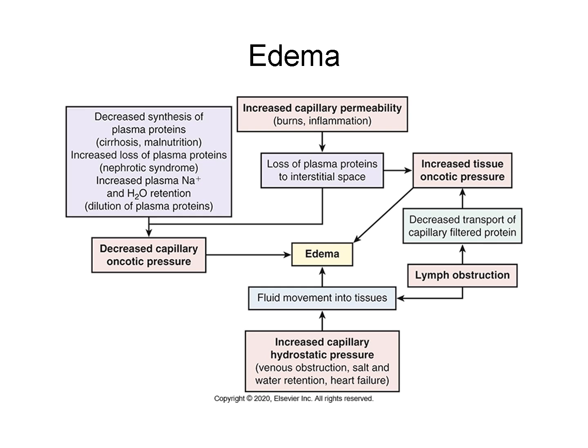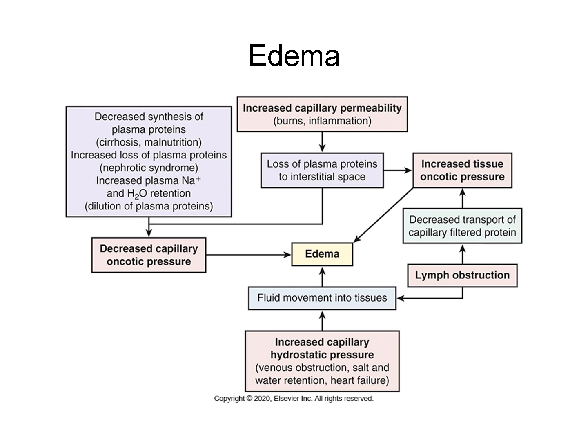This diagram outlines the major mechanisms that contribute to edema formation. Decreased synthesis or loss of plasma proteins, often due to conditions like cirrhosis, malnutrition, or nephrotic syndrome, leads to decreased capillary oncotic pressure, allowing fluid to accumulate in tissues. Increased capillary permeability, caused by burns or inflammation, results in the loss of plasma proteins into the interstitial space, further promoting edema.